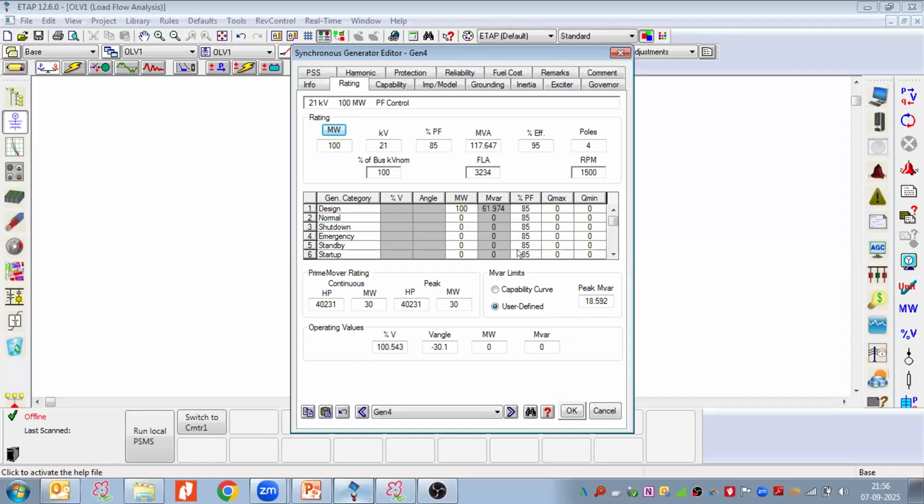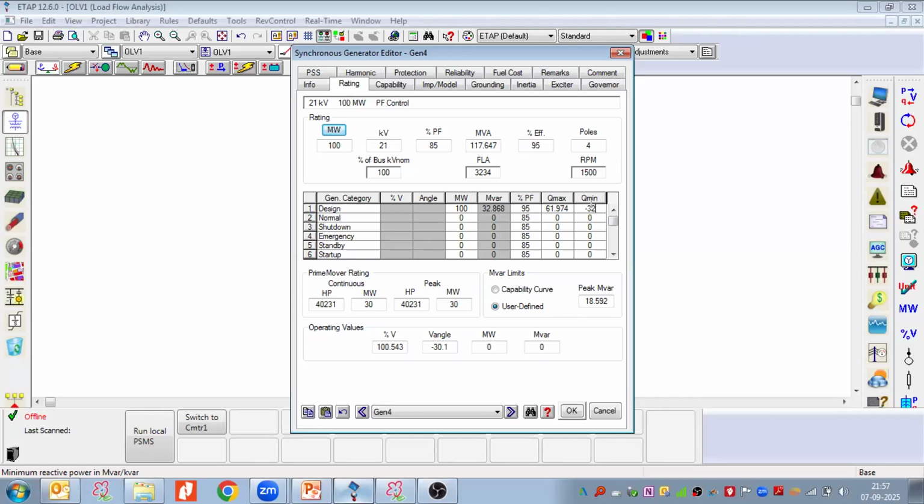So Qmax then comes to 61.974. Yes. And then again change this power factor from 85 to the maximum limit, which is 95 percent, power factor 0.95. Then whatever value comes, this value is minus 32.87.